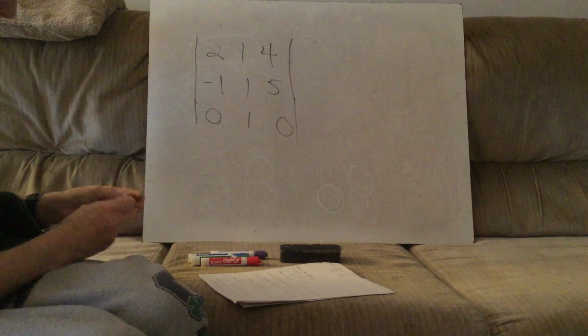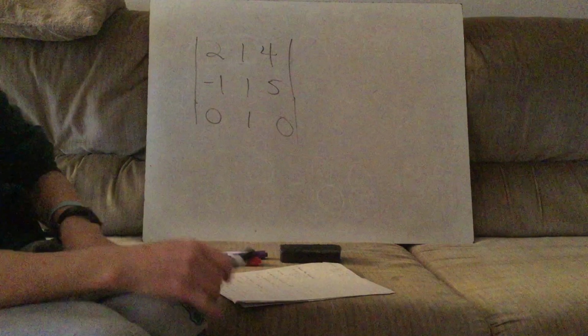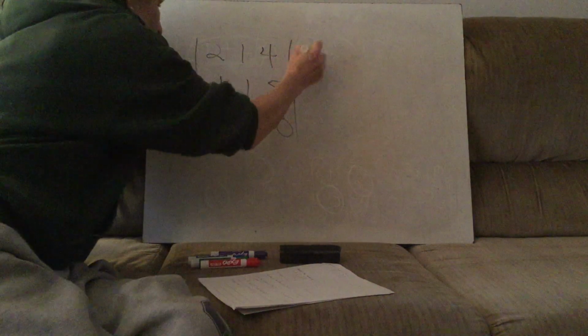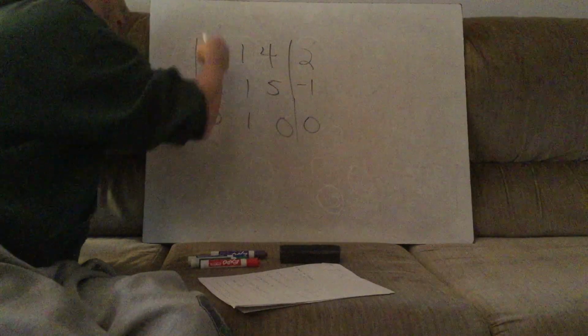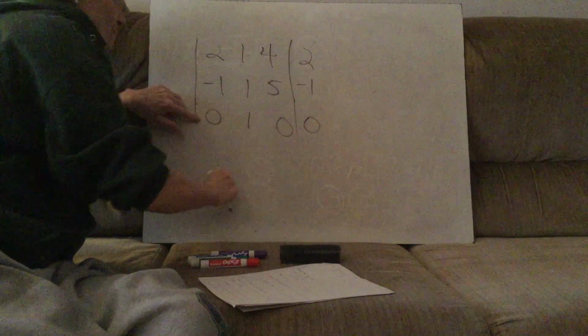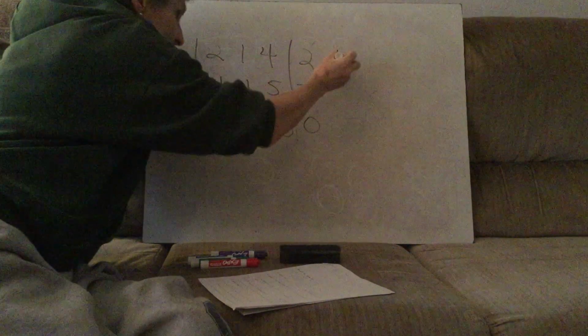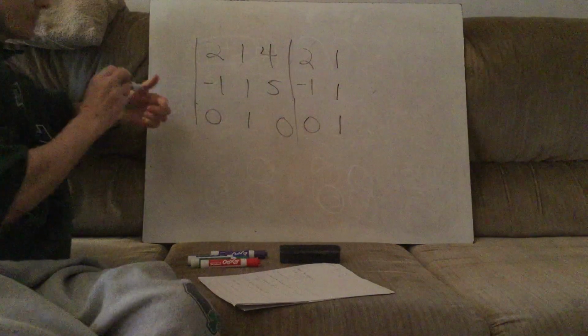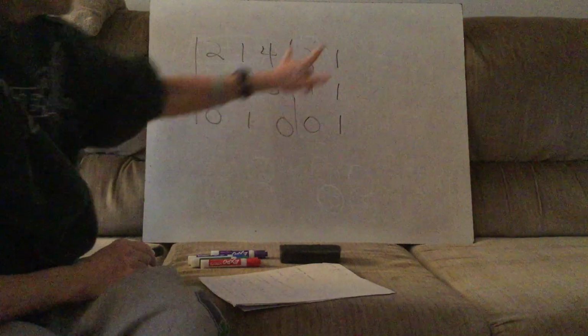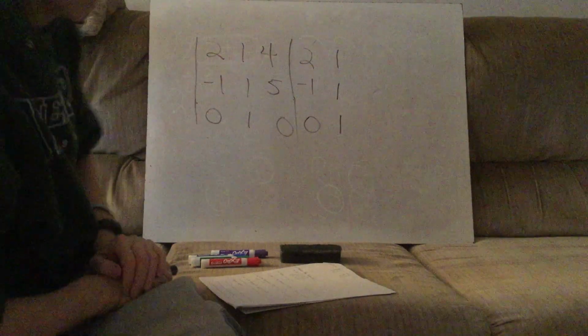So what's our procedure for evaluating 3 by 3 determinants? Well, remember, we're going to take the first column and write it right here. Columns go up and down. Take this set of numbers, copy it right here, and then take the next one and do the same thing. So we have simply recopied the first two columns out here to the right.